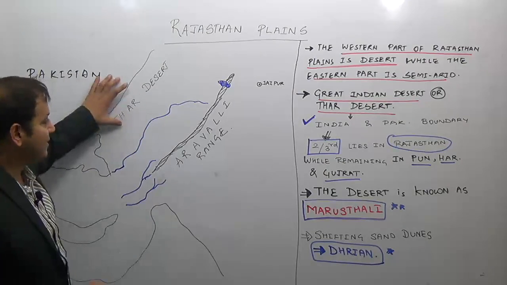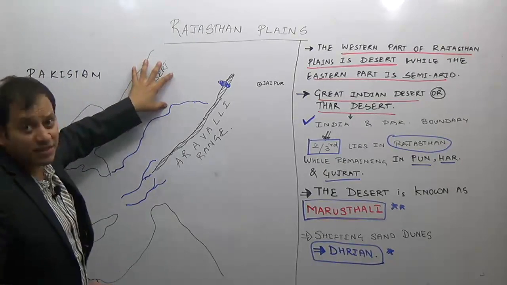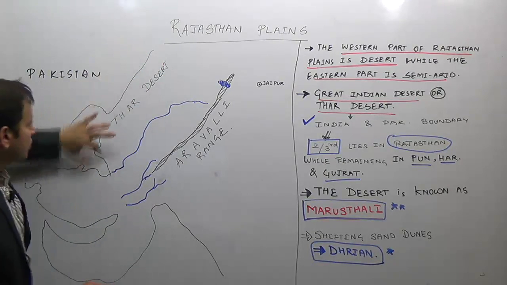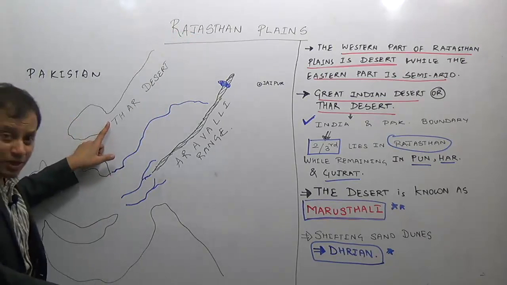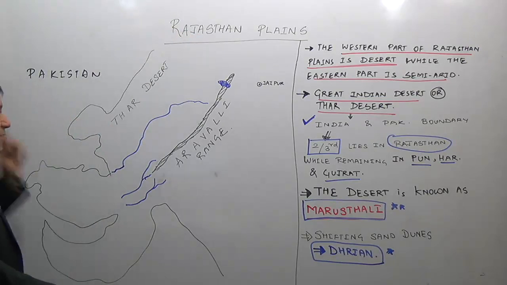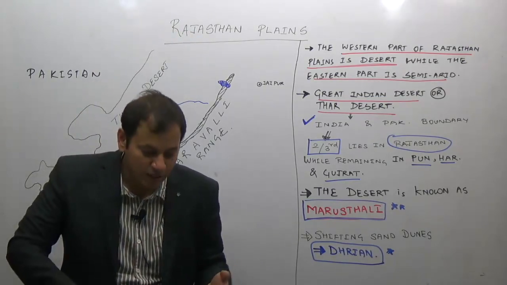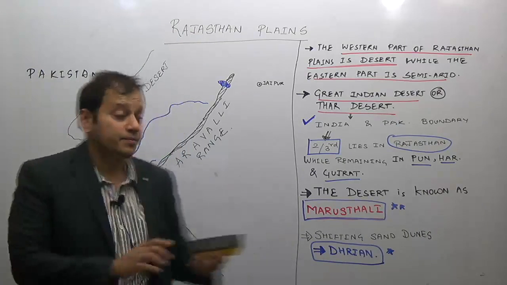The western part is desert. It lies on the Indo-Pakistan border, majorly in the state of Rajasthan. Some of it extends into Pakistan, some into Gujarat, some into Punjab, Haryana. The desert proper is known as Marusthali, and it is covered by shifting sand dunes which are known as Dhriyan.